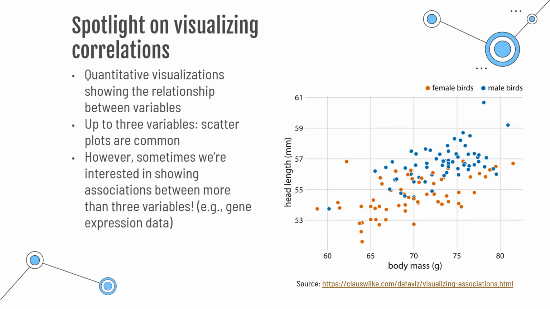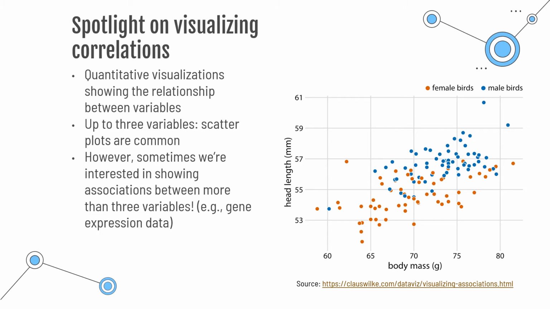I want to spend a bit of time doing a little spotlight on visualizing correlations. So correlations are quantitative visualizations that show the relationship between variables. So when there are 2 or 3 variables, scatter plots are common to show how the variables interact or are related to each other.